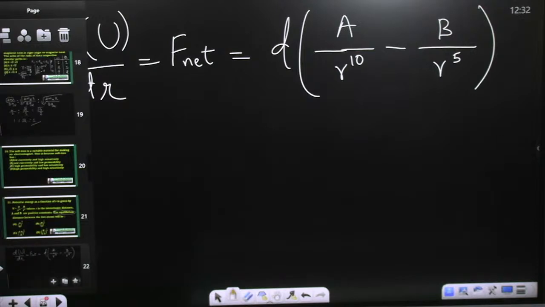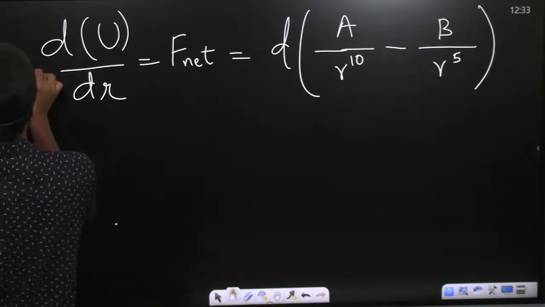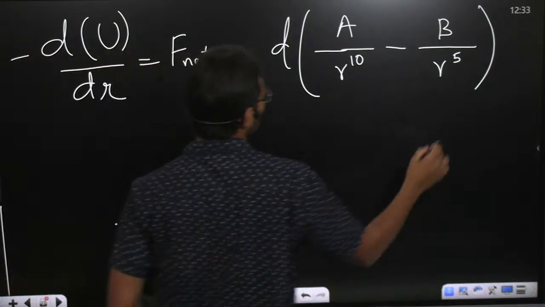Try to differentiate and find the relation between A and B, equal to 0.